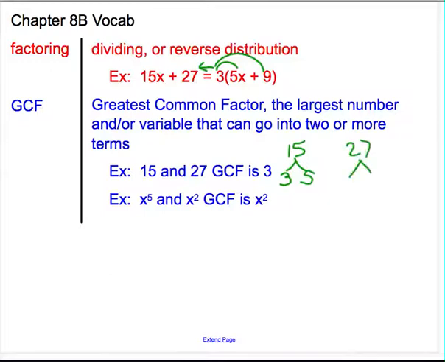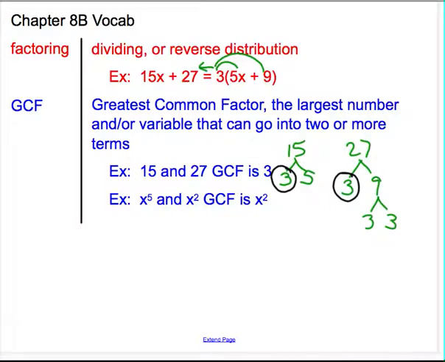So for 27, I might factor that into 3 times 9. 9 is not prime, so I would keep factoring that. When you've got your factor tree, you look at both trees and find any numbers that are in both. So I've got 3 in both trees, so the greatest common factor would be 3.